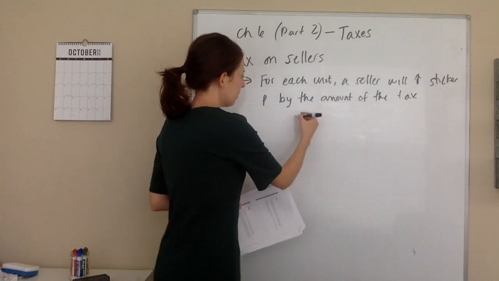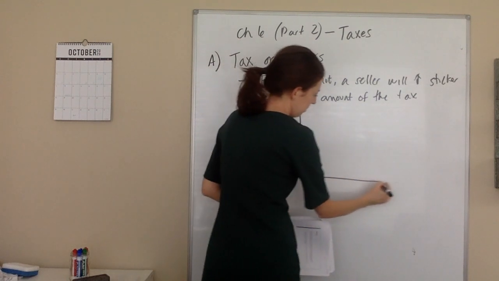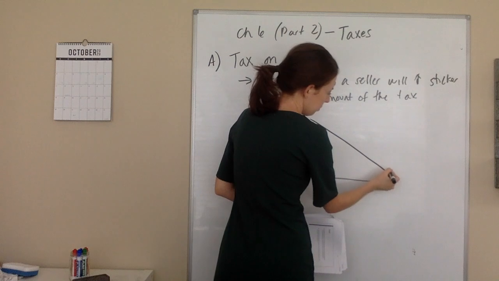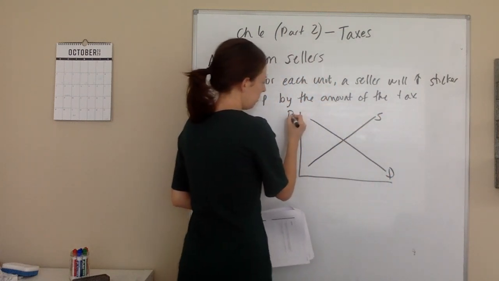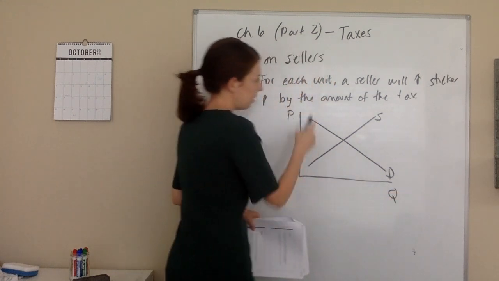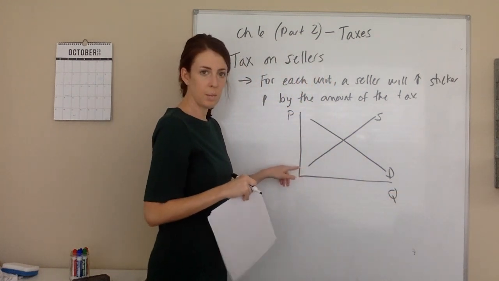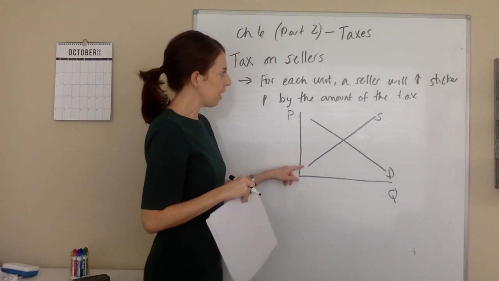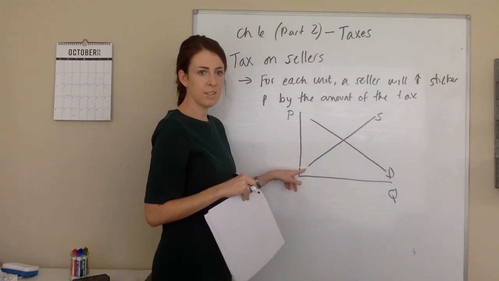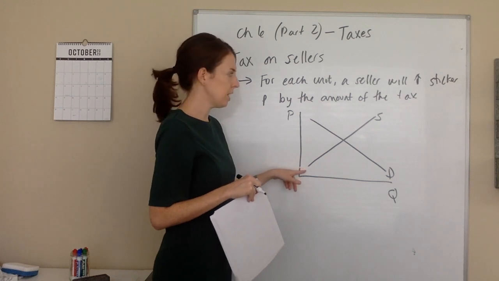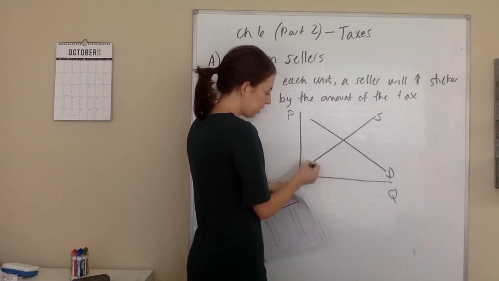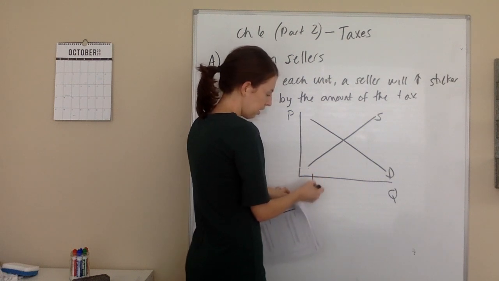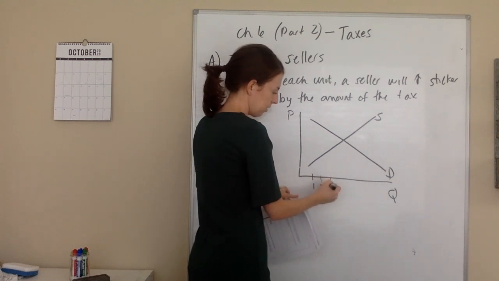Okay, now let's go back to our picture of supply and demand and think about how this would start affecting things. If you are the seller, then this tax is going to affect you, so we need to be thinking about the supply curve. If for every unit that you sell, you increase the sticker price by the amount of the tax, then effectively you're going to take each unit, 1, 2, 3, all the way out to however many you're selling.